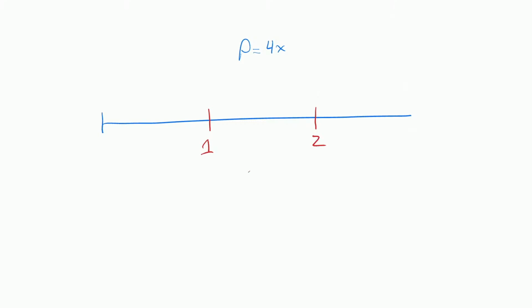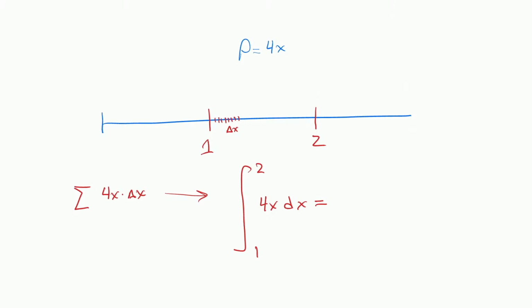We just do the integral from 1 to 2 of 4x dx. This is essentially what would happen if we broke this into little bits and multiplied by delta x. You have the summation of the density times how big a piece it is, adding these up, and that becomes this.